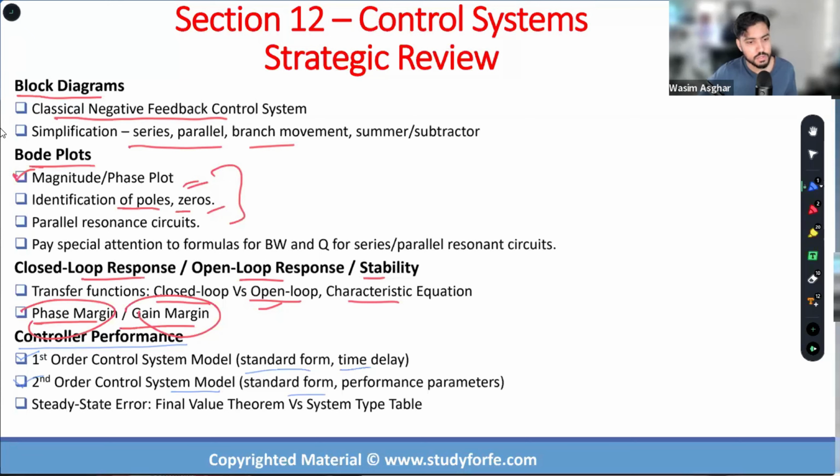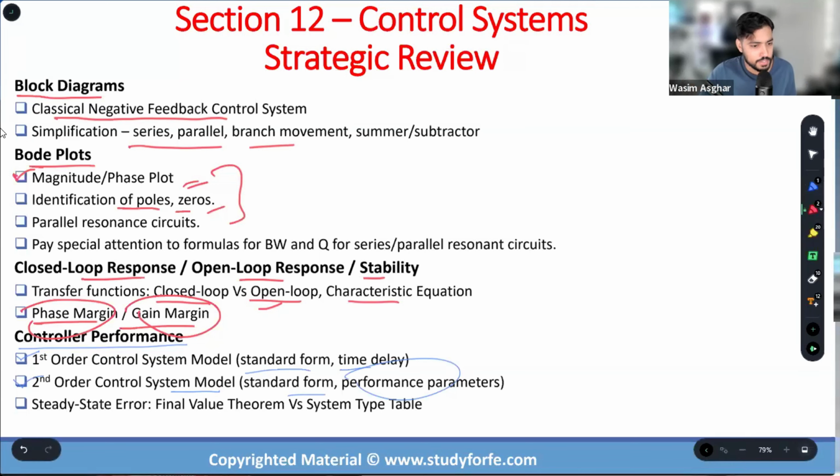There's at least one question on the second order control system where they've provided you a transfer function and they've asked you for certain parameters. So you'd have to put the given transfer function in the standard form. And once you are able to put it in the standard form, then you are able to extract omega, then you're able to extract the value of K and so on, and zeta and so on. Okay, and then from there onwards, it is just plug and chug for different types of performance parameters.